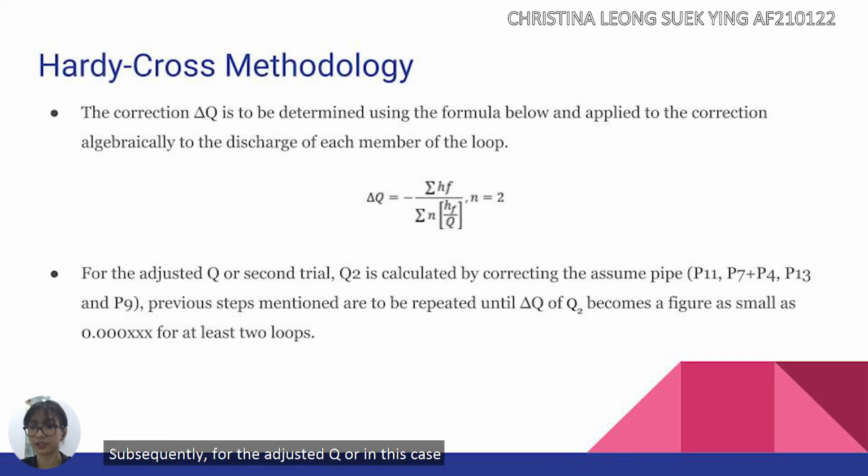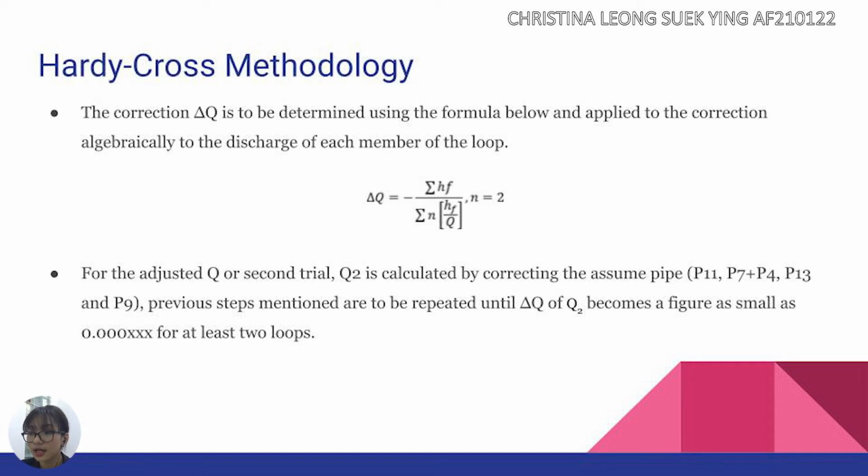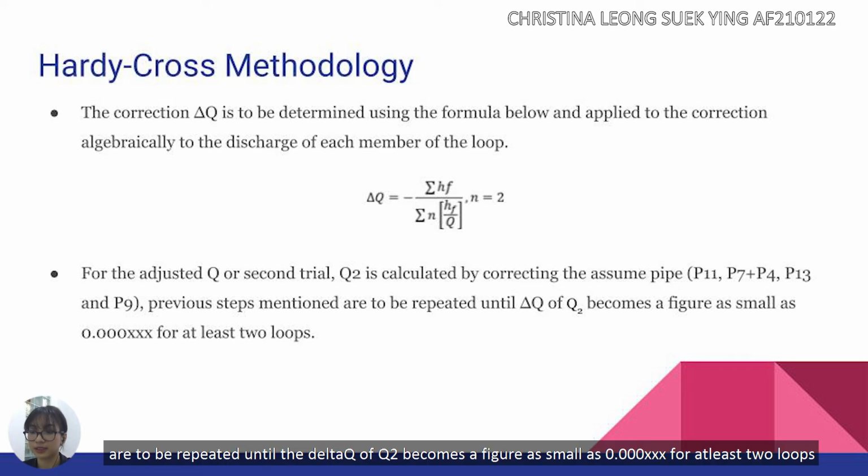Subsequently, the adjusted Q, or in this case the second trial, Q2, is then calculated by correcting the assumed pipes P11, P7, P13, and P9. The previous steps used to calculate the first trial are to be repeated until the delta Q of Q2 becomes a figure as small as 0.000 for at least 2 loops.